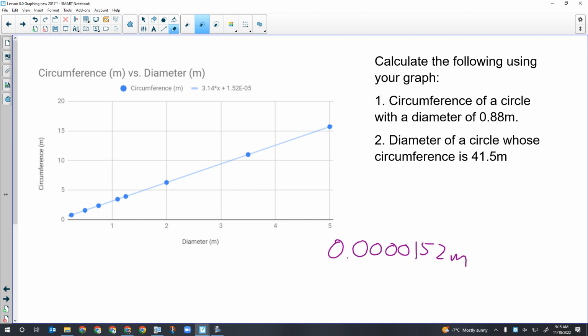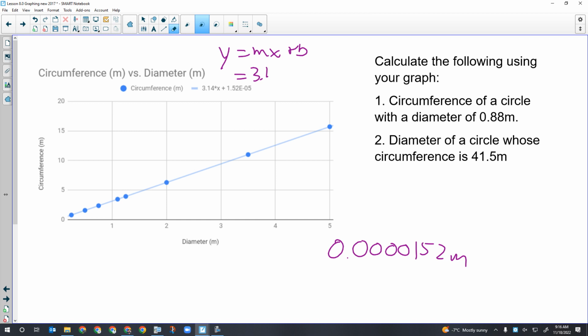All right. So we want to find the circumference of a circle with a diameter of 0.88. So what did they give me? X or Y? They give me x and want me to find y. So can I plug that into this equation then? Y equals m times x plus b, and say, all right, I'm looking for y.